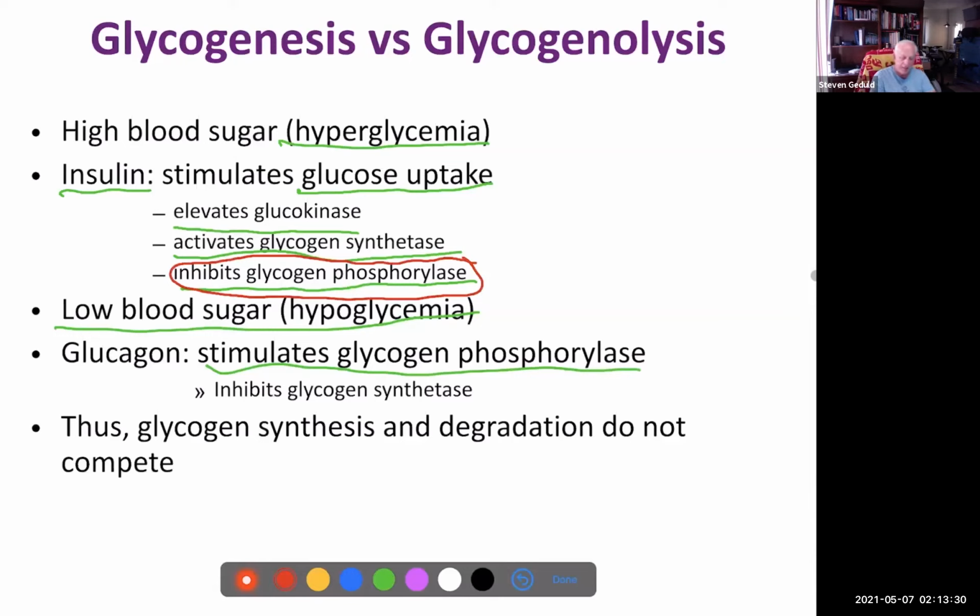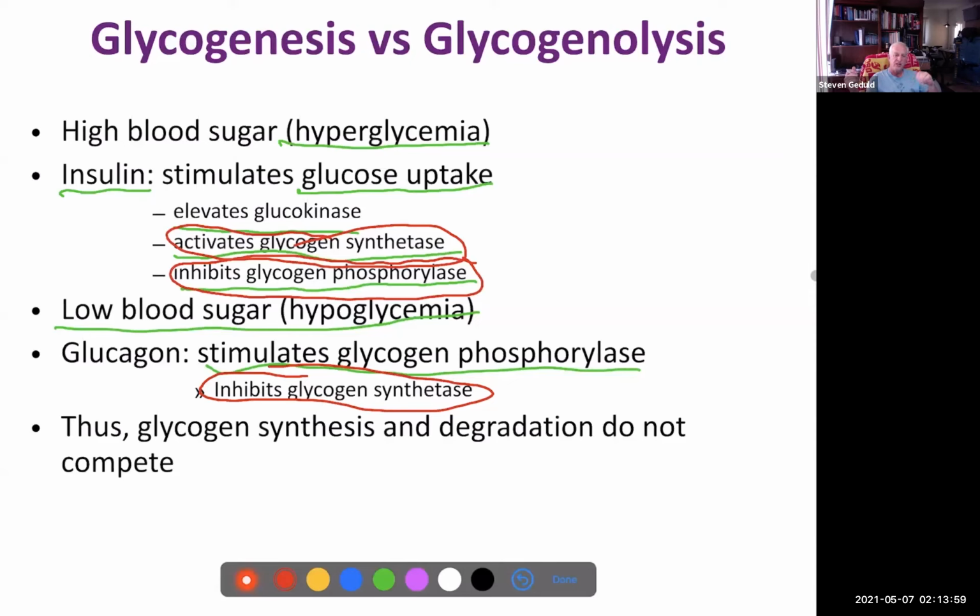It also inhibits glycogen synthase, whereas insulin activates glycogen synthase. So it's doing the exact opposite of insulin, which is what we expect. Insulin lowers your blood sugar, glucagon raises your blood sugar. Depending on your condition, the pancreas secretes either insulin or glucagon, and they work in opposition to each other to maintain a relatively constant blood sugar level.